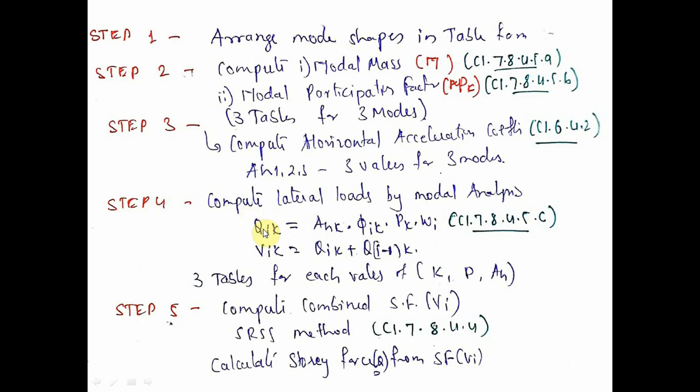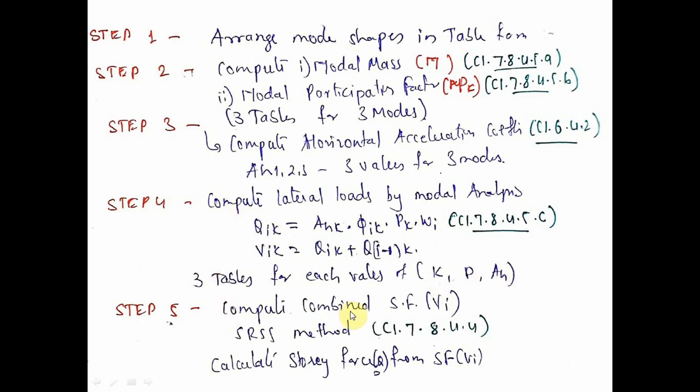First, you calculate Qik. Next, you calculate Vik. So Qik is the force at each floor level and Vik is shear force. It is a cumulative value. Again here there will be three tables for each value of k. So in step 4 again three tables.